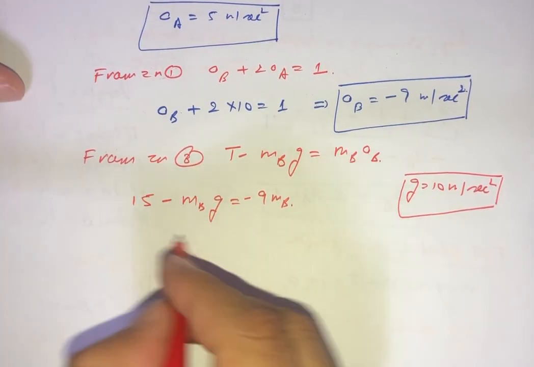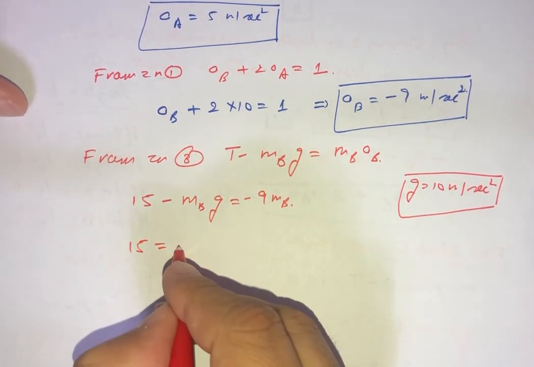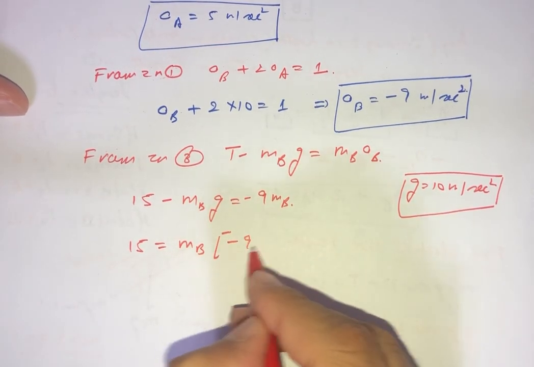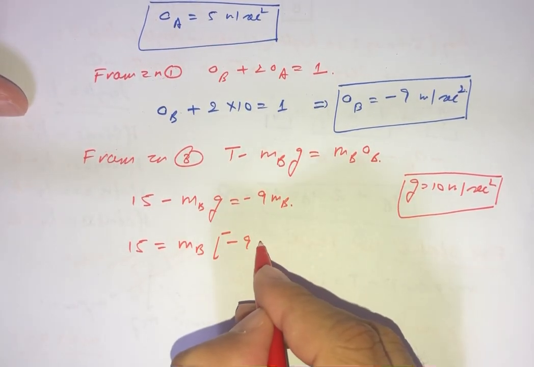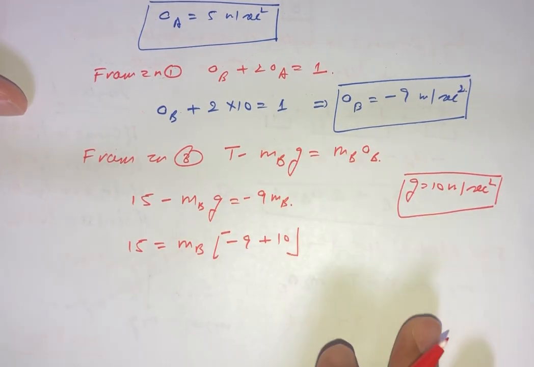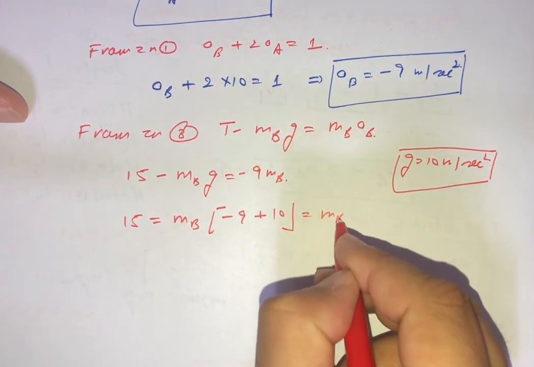So we write this as 15 is equal to, let us take mB as common, this will be minus 9 plus 10. Okay, so this will be equal to mB.